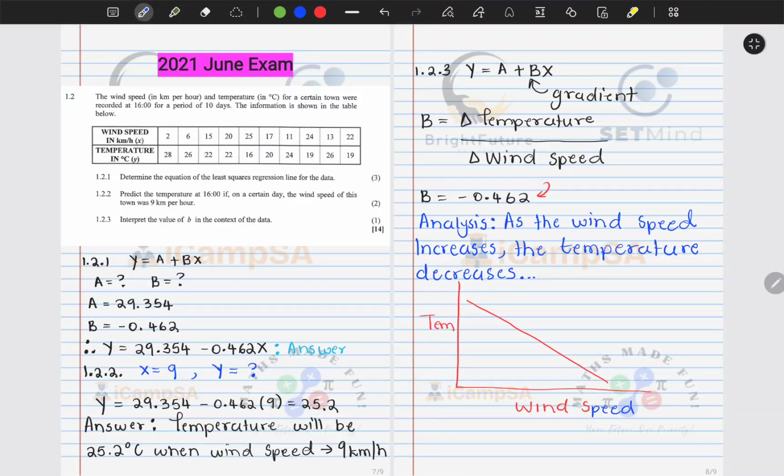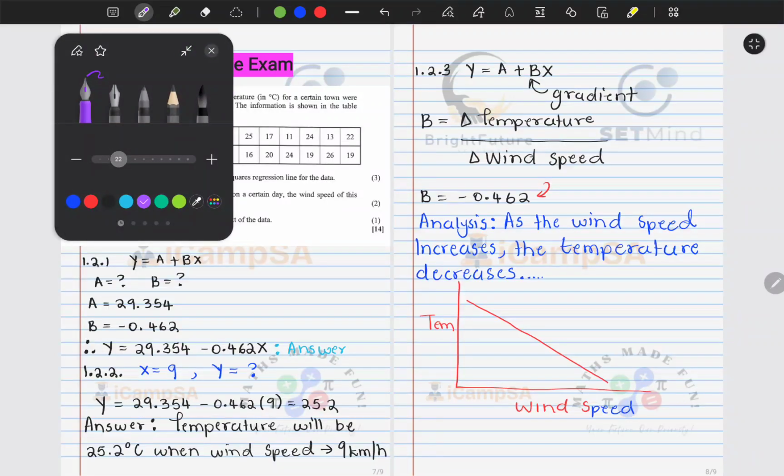And this should make sense because the wind has a cooling effect. So if the wind speeds are very high, then temperatures in whatever body you're looking at will decrease. Okay, so I hope that you guys understand the answer to this.